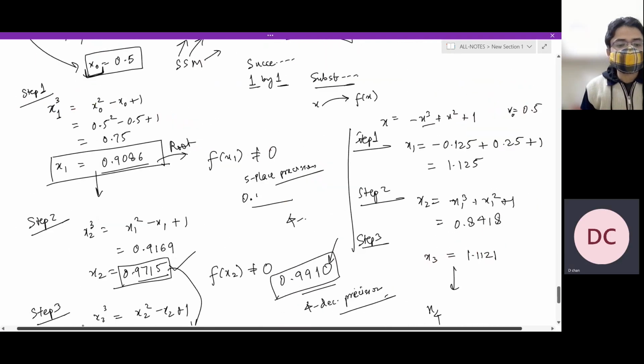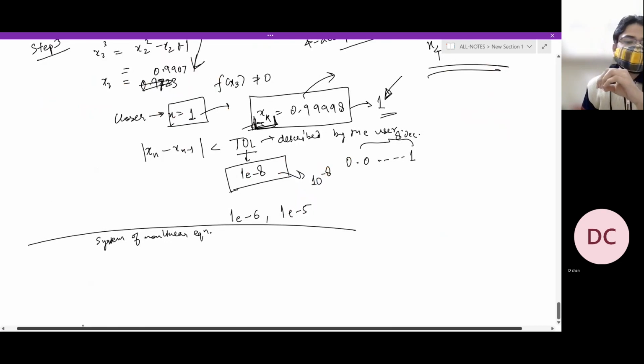If you have two or more than two equations, then that means you have the same number of variables. For the system to be consistent, the number of equations will be equal to the number of variables. So those types of problems you can solve using the successive substitution. It is a form of the Gauss-Seidel method.